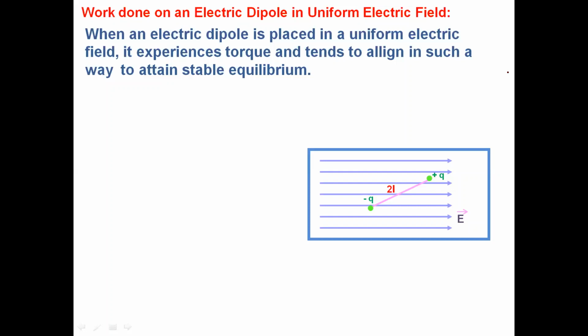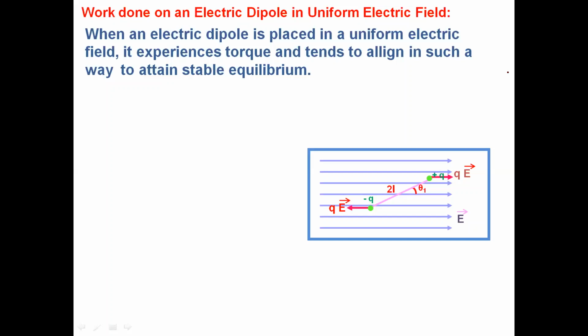Here, there are two charges. One is minus q and the second one is plus q, which means there will be two forces acting on the dipole. One is Eq and another one also will be Eq, but since their signs are different, one is negative and another one is positive, the forces will be acting in opposite directions.